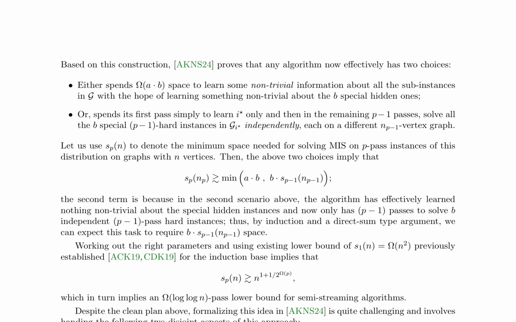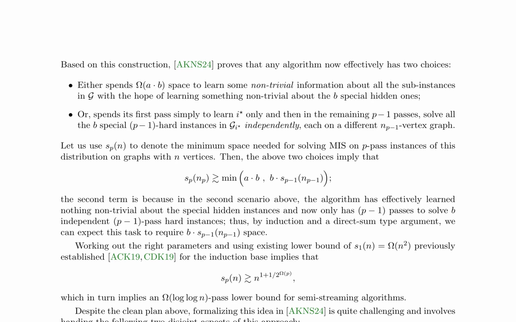The paper presents a family of extremal graphs that generalize Ruzsa-Szemerédi (RS) graphs, used to establish lower bounds for semistreaming algorithms solving the maximum independent set (MIS) problem. It outlines two scenarios for different types of semistreaming algorithms. Either spend significant space to learn non-trivial information about all subinstances in the graph, or spend the first pass learning a specific instance and then solve the remaining hard instances independently in the remaining passes.